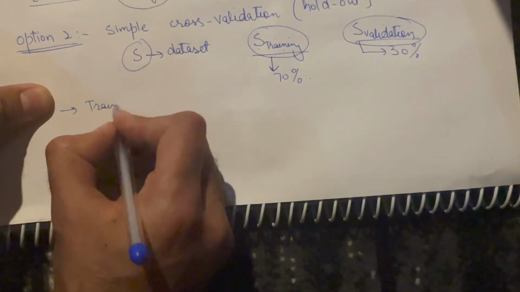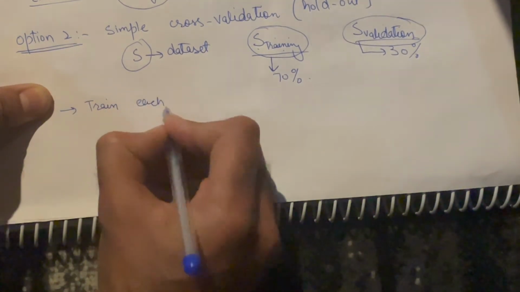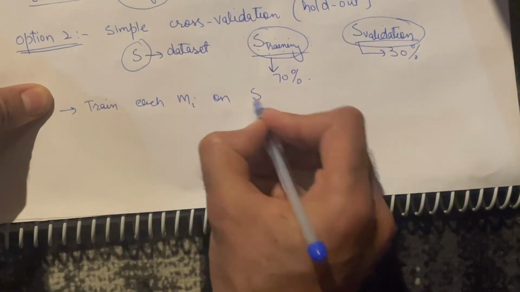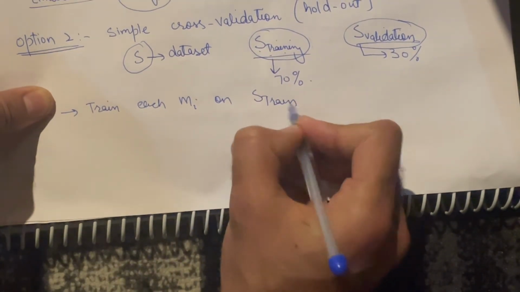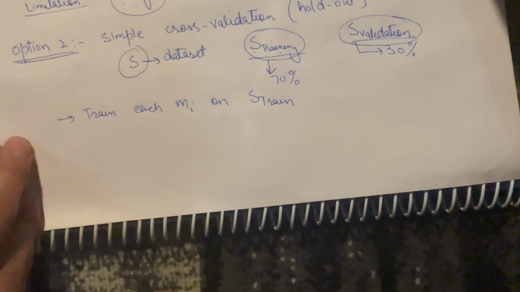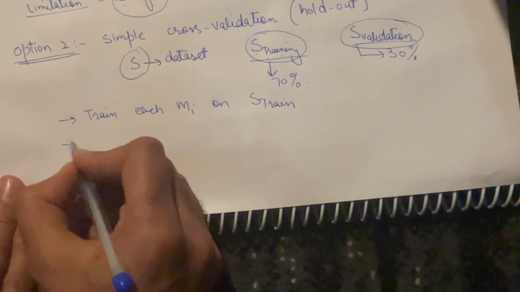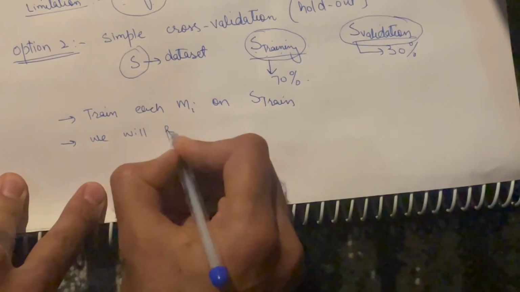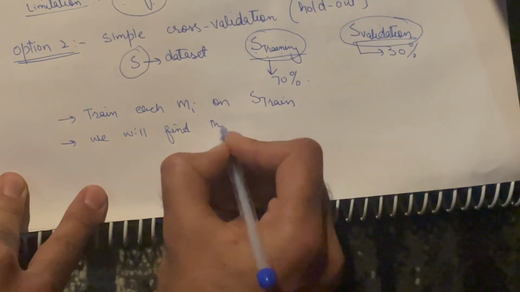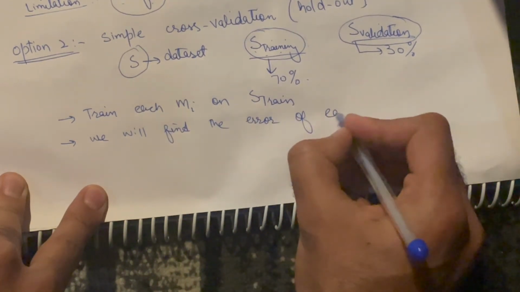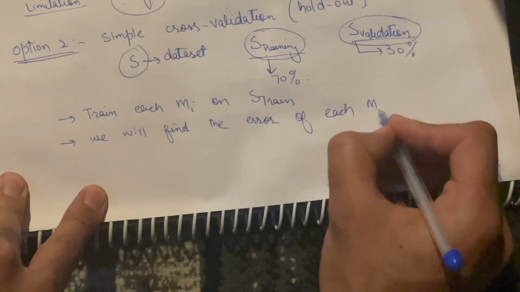train each model on this training data set, S train. We will train each model on this. Okay. And then we will find the error of each model, each trained model.